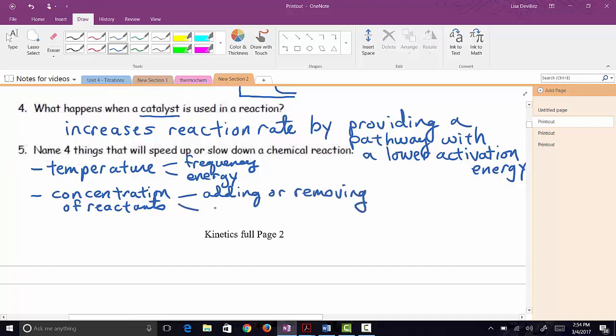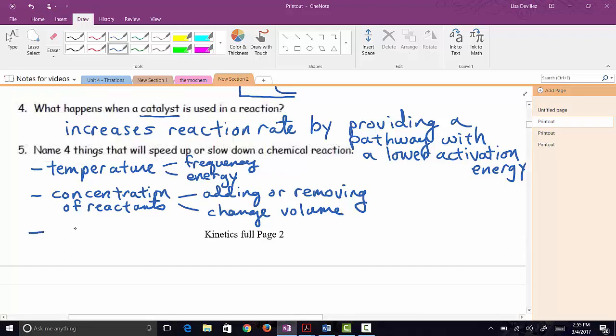The other thing that we can do to change the concentration is we can change our volume, if it's gases, or if it's, say, a solution, we might change the amount of solute. So that can also change the frequency of the collisions.